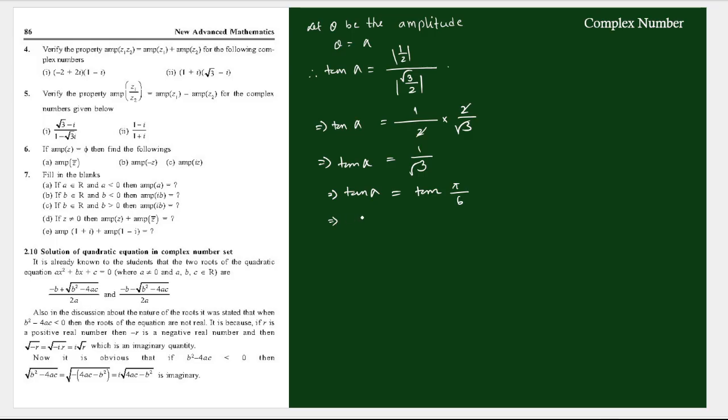So therefore alpha equal to pi by 6. Now therefore theta is how much? Pi by 6. Therefore amplitude of Z1 by Z2 is how much? Pi by 6. This is number 1.